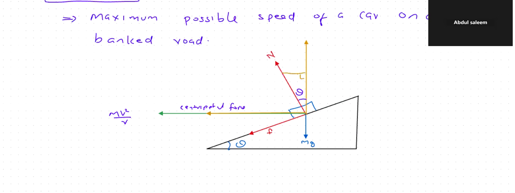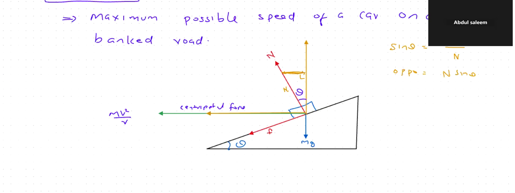So what is sine theta? Sine theta equals the opposite side divided by the hypotenuse. The hypotenuse is the normal reaction force. From this relation we can find the opposite side. Opposite side equals n sine theta. So this side is n sine theta.